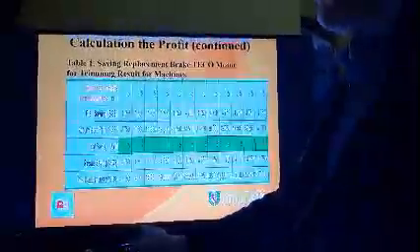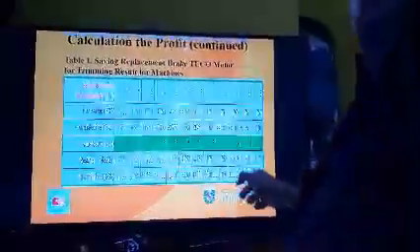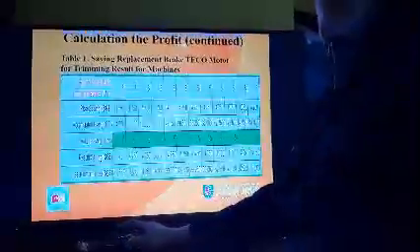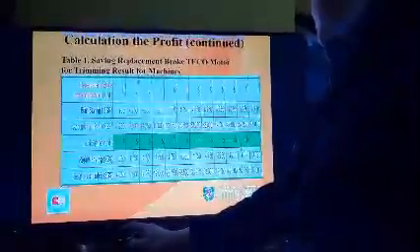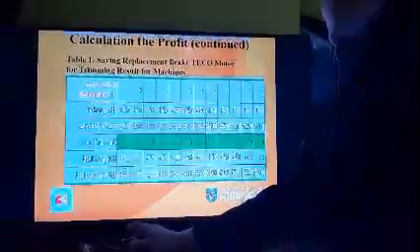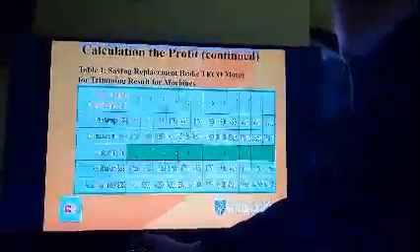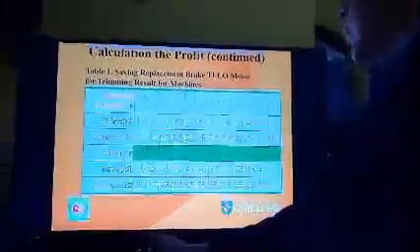So per month we can get around 750 Singapore dollar. That will be accumulated until per years. It will become 57,000 Singapore dollar.